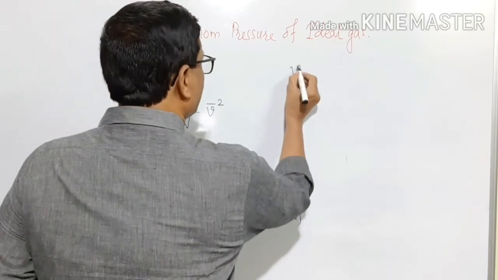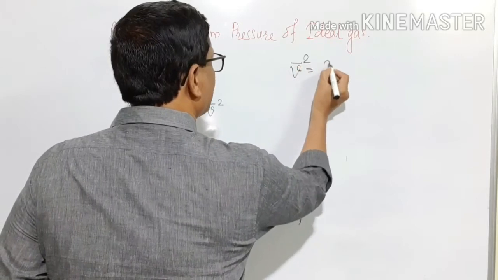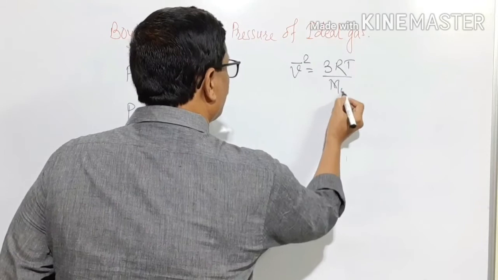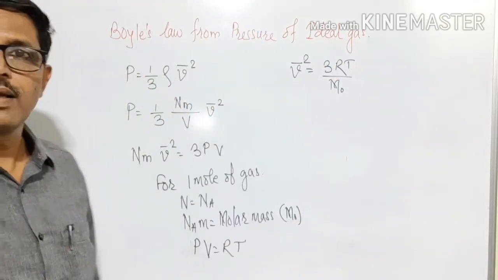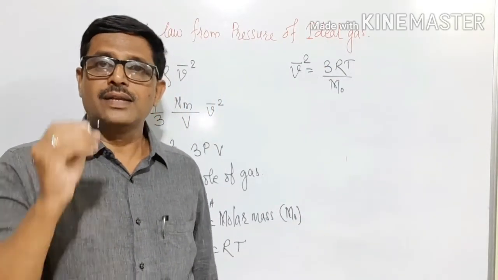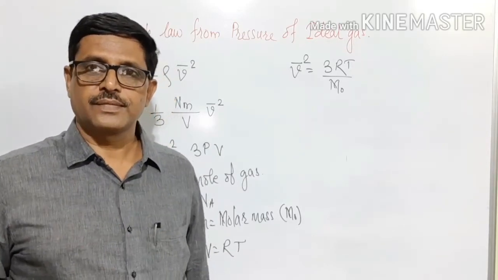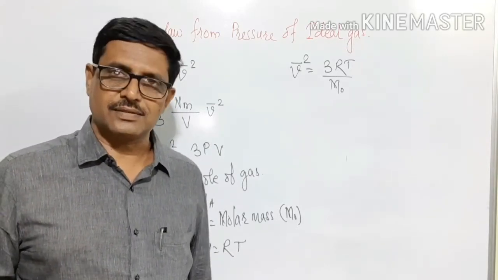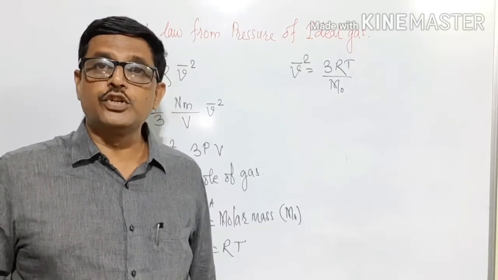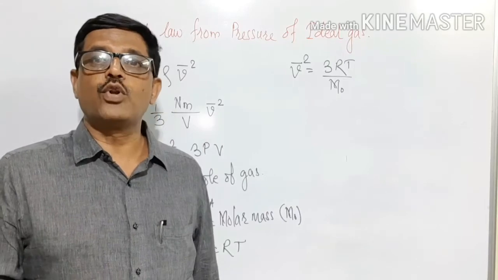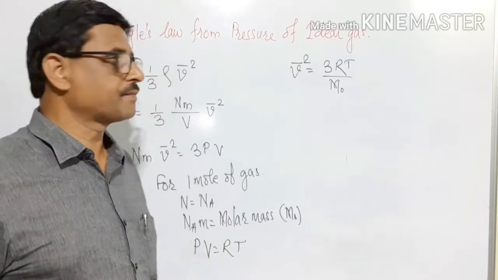Therefore, I will write V bar square is equal to 3 RT divided by M0, where capital R is the universal gas constant. It will be the same for all gases. Capital T is the absolute temperature of the gas and M0 is the molar mass of the gas.